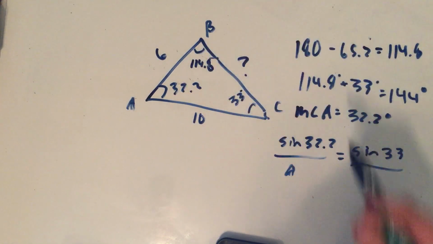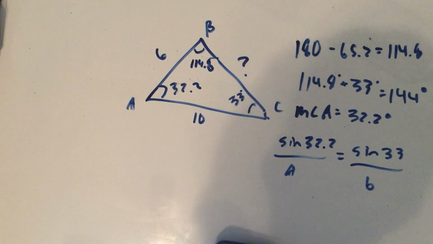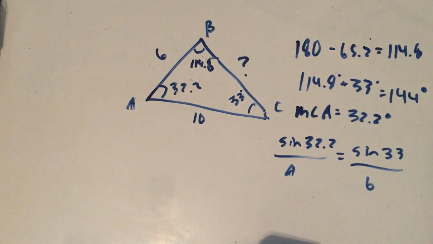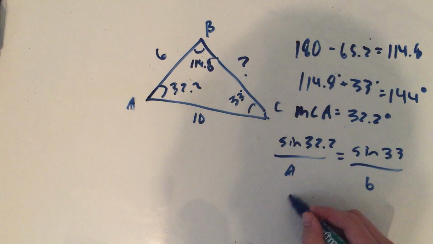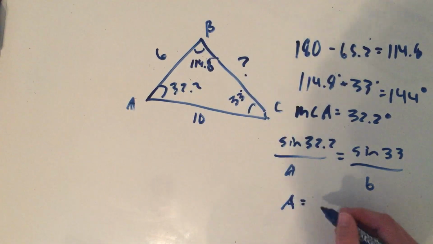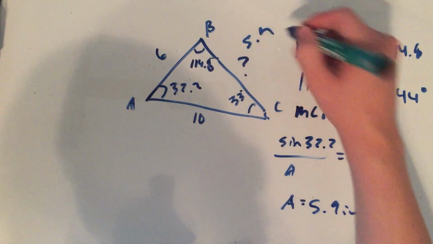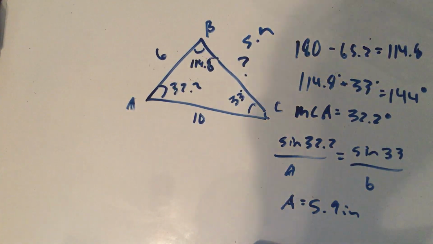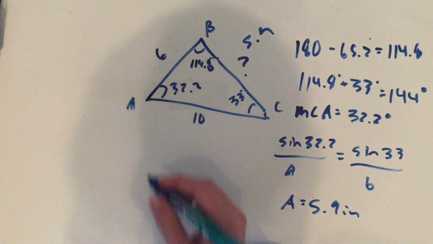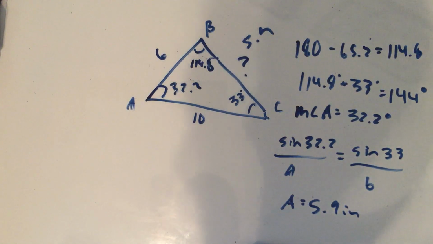Once again, we're going to use the given values so that we're sure we get this correct, so we don't lose points twice. What this gives us is an a value of 5.9 inches. So we've effectively solved for both cases of the triangle. That's how you solve with the law of sines ambiguous case.